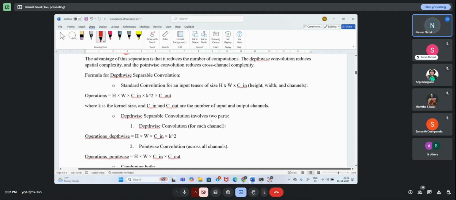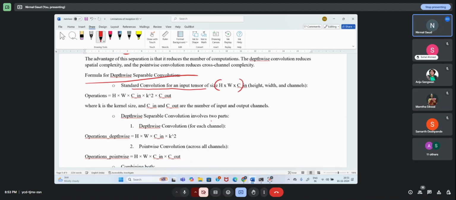The standard convolution for an input tensor of size H W C, that is the image height, width, and the channel, needs H W C_in times K square times C_out operations, where C_in and C_out are the number of input and output channels, and K is the kernel.